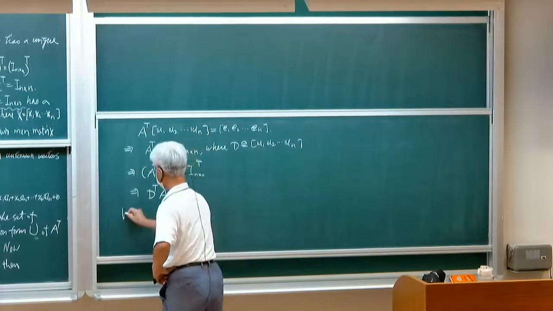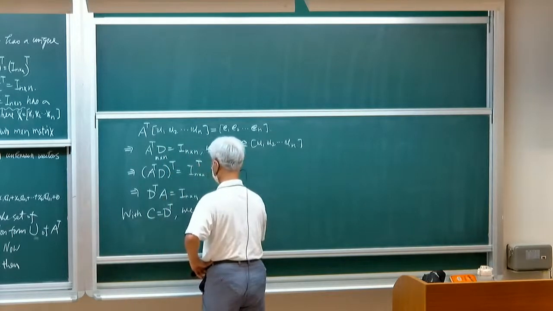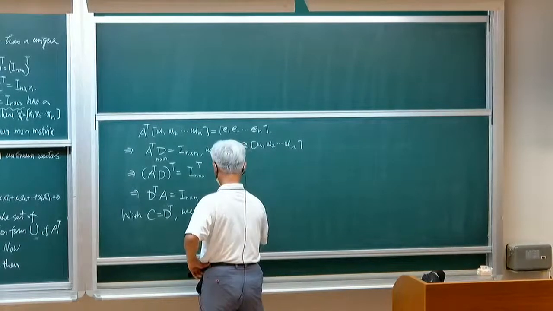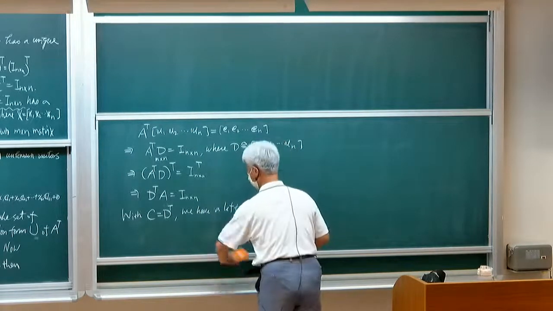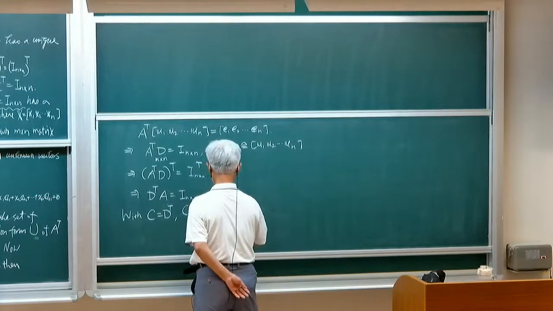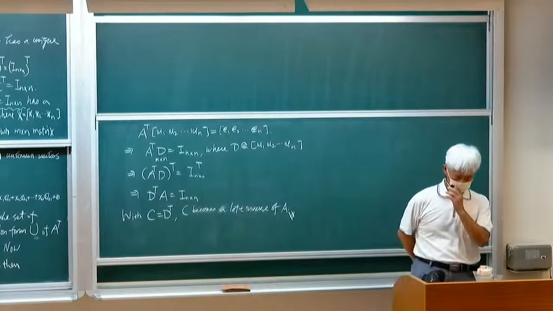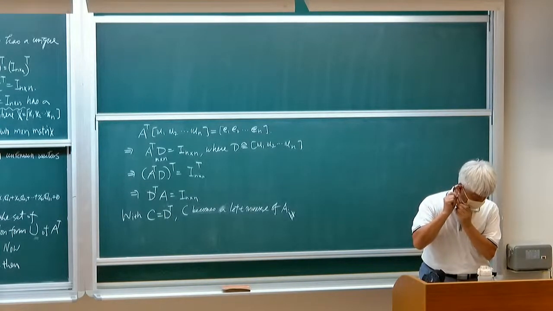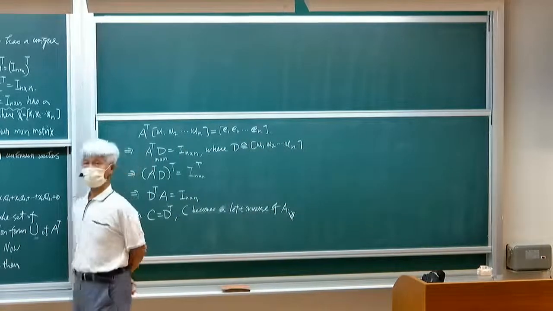So with C to be DT, we have a left inverse of A. And then we have done. So that is the end of the proof.